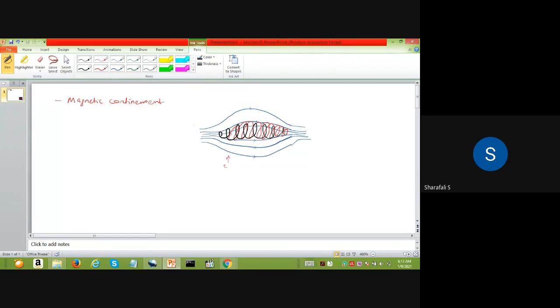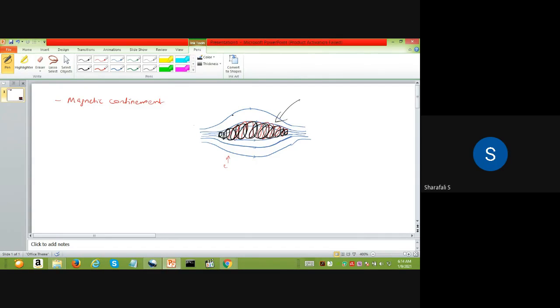When it reaches here, again it will come back. So the electrons or ions in that plasma state will be confined in this magnetic field. Okay, so this is magnetic confinement.